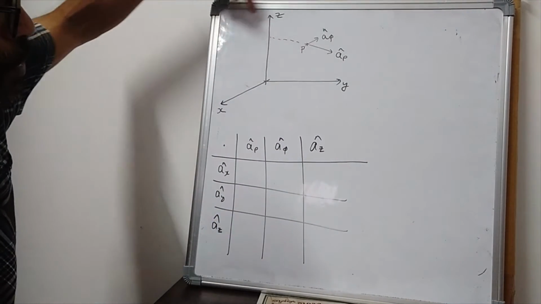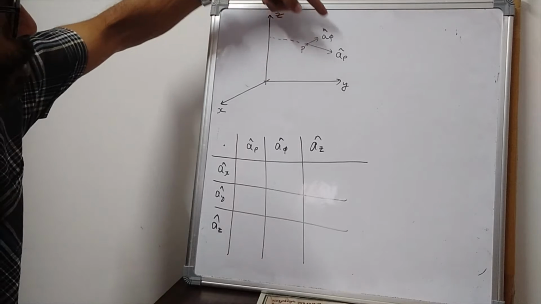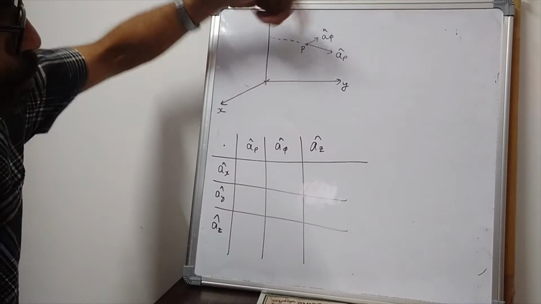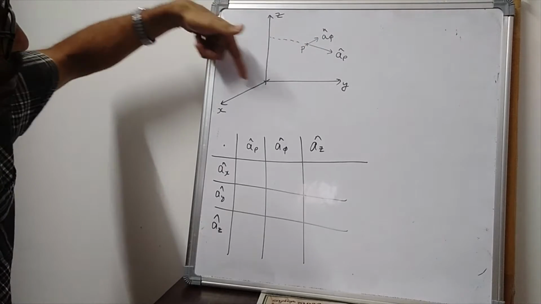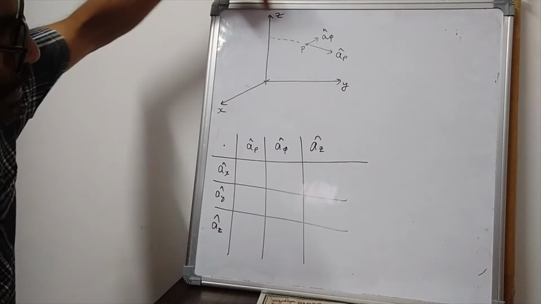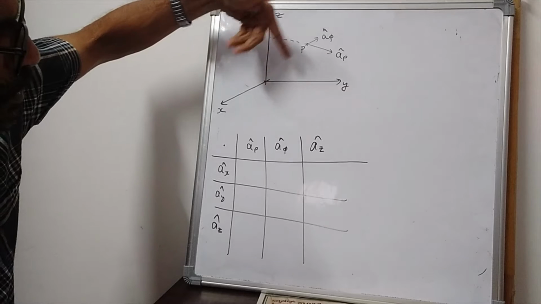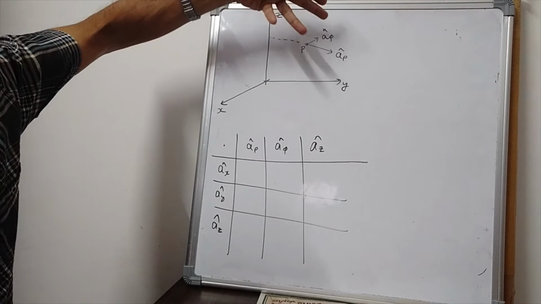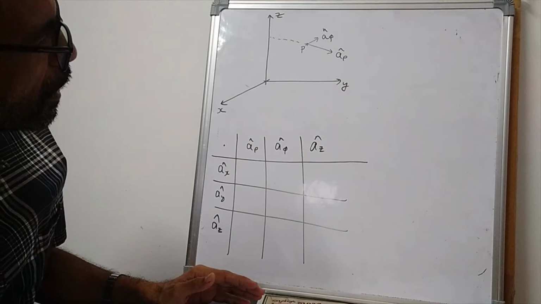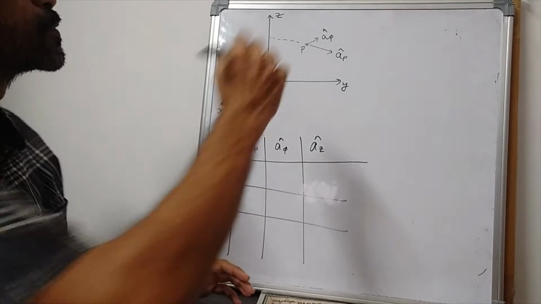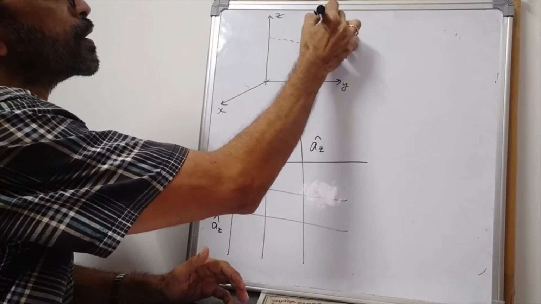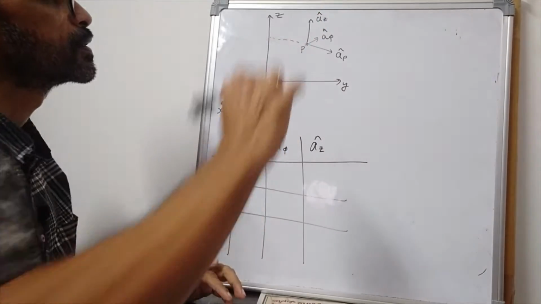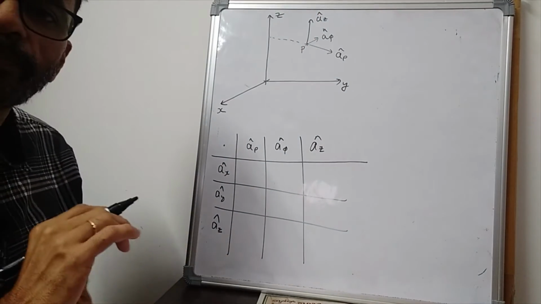A phi cap is actually in the form of a tangent to a circle which has its center on the z-axis, or a cylinder which has its center on the z-axis. So a phi cap will be tangential to that. And then of course az cap.